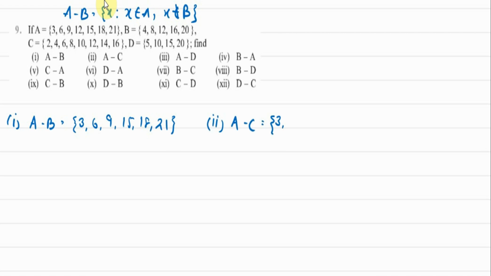Then we have 9. 9 is only present in A. Then we cannot write 12 because 12 is present in set C also. Then we can write 15, 18 and 21 because they are not present in set C. So this is our set A minus C.